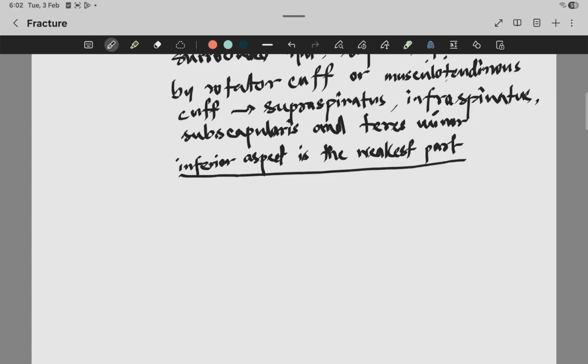There are two terms in orthopedics: dislocation and subluxation. What do we mean by dislocation?